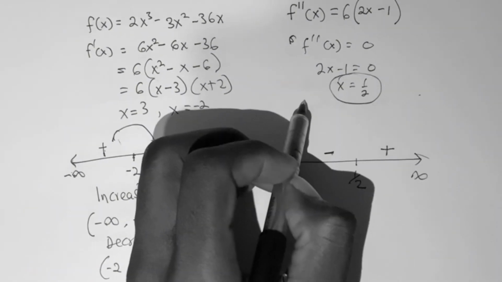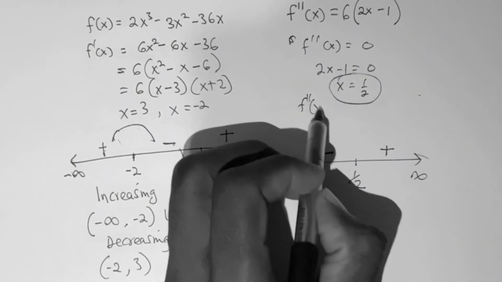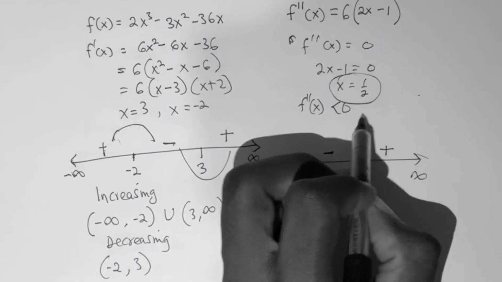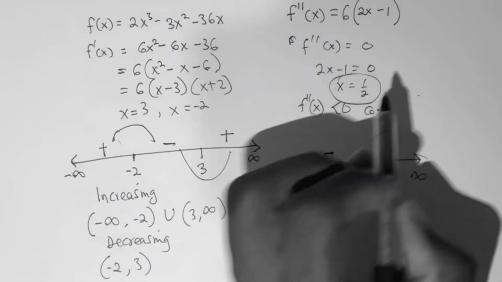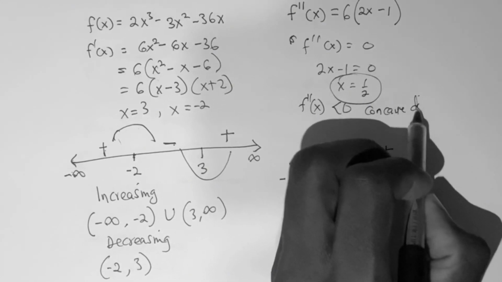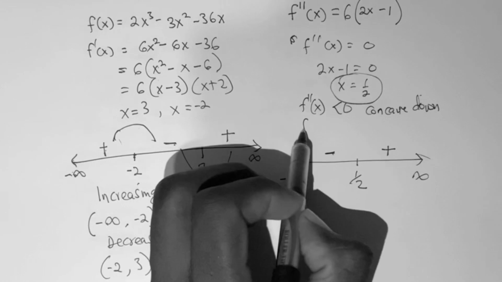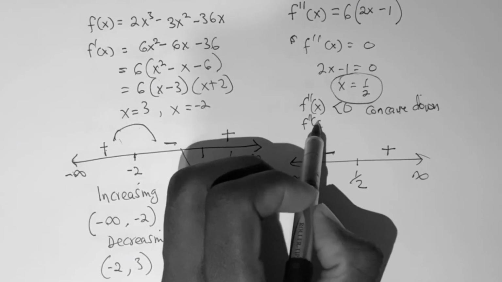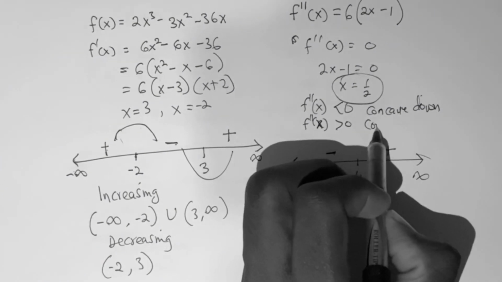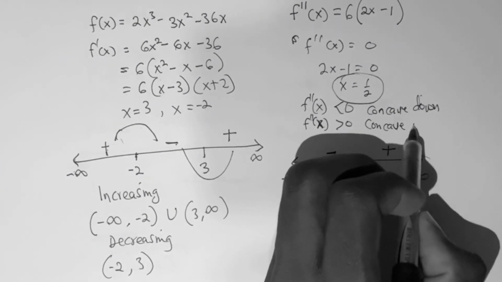Now, remember we said if f prime prime of x is less than 0, then we are talking about a concave down situation. And if f prime prime of x is greater than 0, then we are talking about concave up.